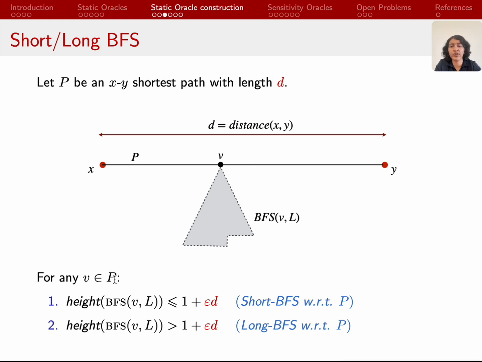So for a vertex v on the path P, if the height of the partial BFS tree of v is bounded by 1 plus epsilon times d, where epsilon is the stretch parameter that we choose, and d is the length of the shortest path, then we say that v has a short partial BFS tree, and if it's more than 1 plus epsilon d, then we say that the partial BFS tree is long.